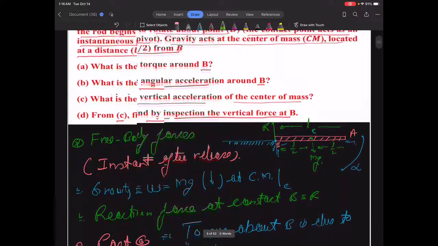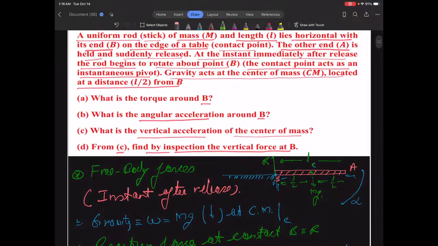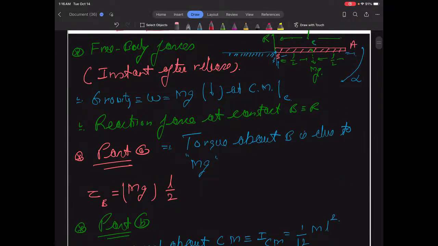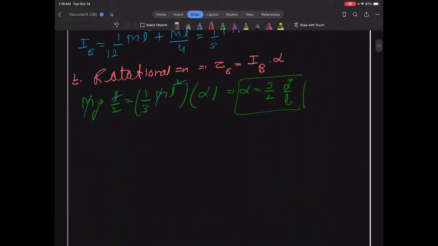And in part C, we are supposed to find out the vertical acceleration, and we assume that the vertical acceleration, which will be through the center of mass, obviously it is in the downward direction, and it is our A. So we come to our part C. In part C, we are going to find out the linear acceleration of the center of mass.